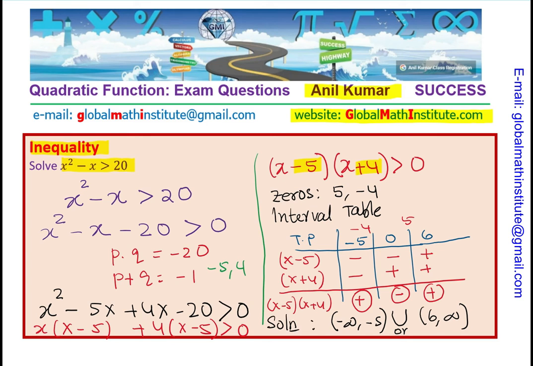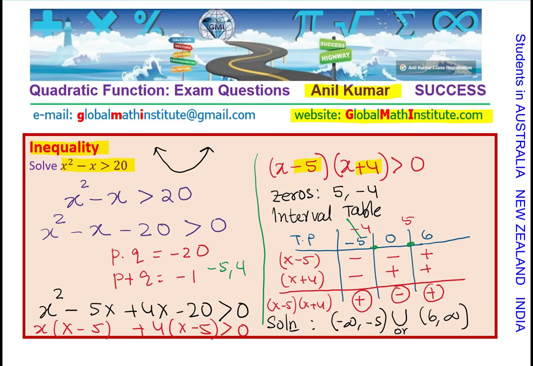Is that clear? Now, some of you who know how to graph the function could have actually sketched the graph. We know it's a parabola, with a positive leading coefficient, opening up. So this is a parabola which is kind of like this, with two zeros. So I could have sketched a graph here with two zeros. And what will I get? See, the zeros are at minus 4 and 5. So the graph will be kind of like this.